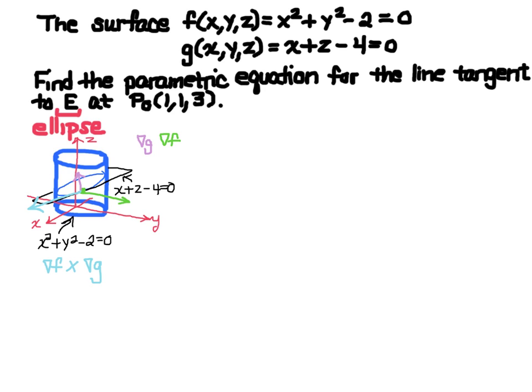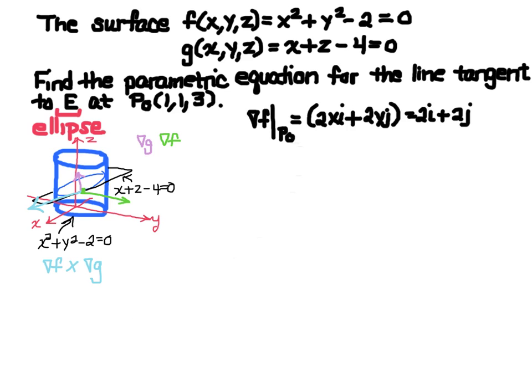So let's start by finding the gradient of f at the point 1, 1, 3. I'll say P naught, we know that's 1, 1, 3, and that's going to be equal to 2x in the i direction plus 2y in the j direction. Again, that's at our point 1, 1, 3, so that's going to be 2 in the i direction plus 2 in the j direction.